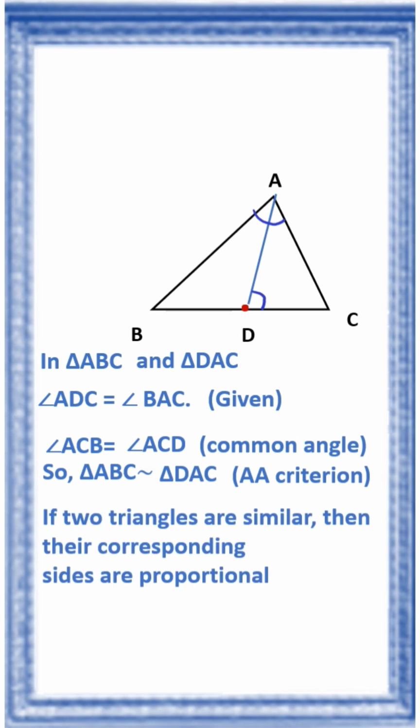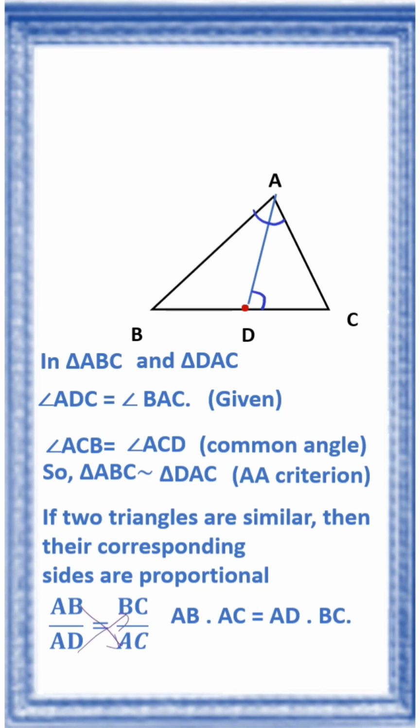If two triangles are similar, then their corresponding sides are proportional. Now your duty is to identify the corresponding sides. AB by AD is equal to BC by AC. You may ask why I have left the third side. Because we want only these two. Now cross multiply. AB into AC is equal to AD into BC. Hence proved.